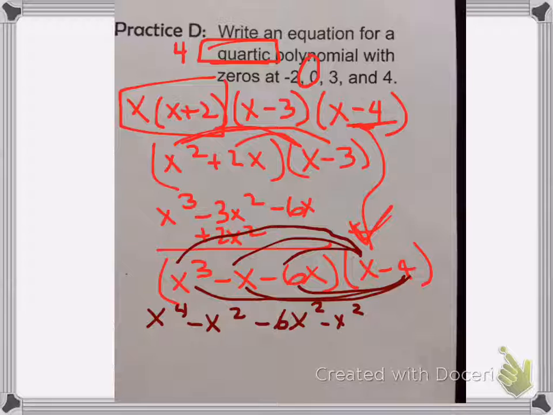Sorry, this was x to the fourth, x squared, minus 6x squared. Now I'm on the 4, so it's minus 4x cubed. I'm just going to erase that and write it again. Minus 4x cubed, and then minus 4x, and then minus 24x.